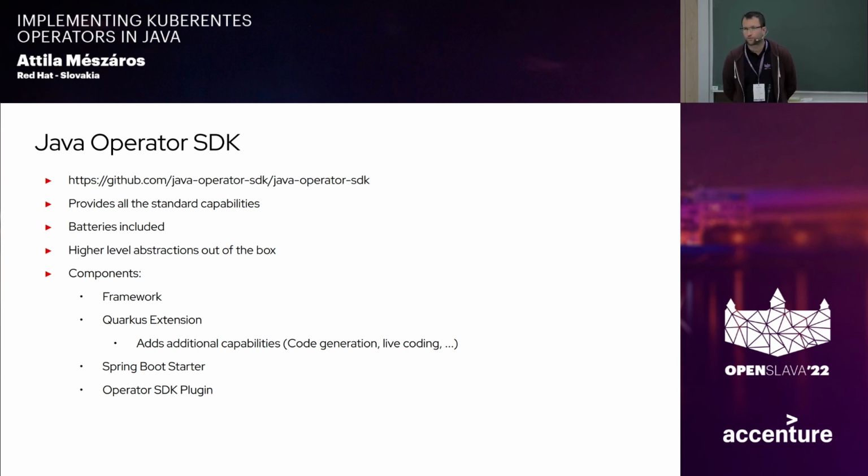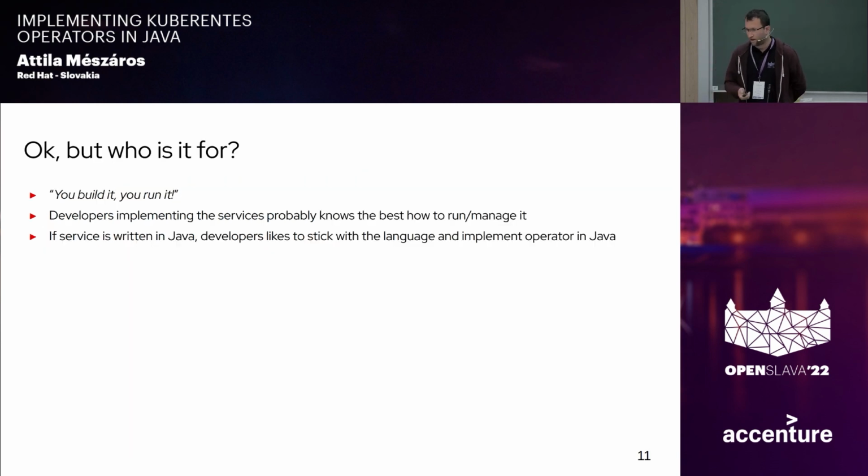And there is, of course, a Spring Boot starter. But we also have a plugin for the Go Operator SDK to scaffold the project, as you usually do with Go operators.